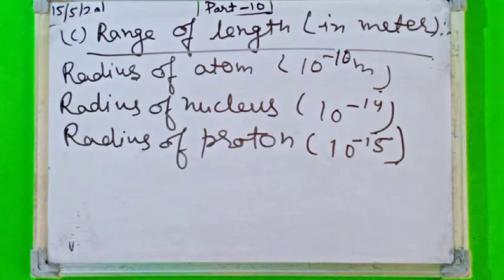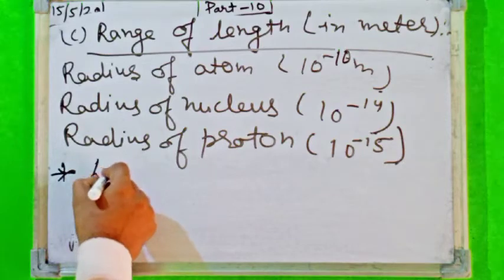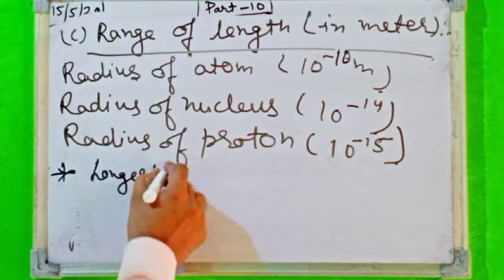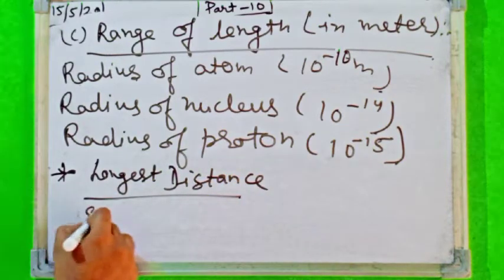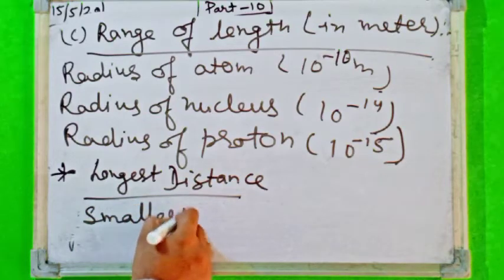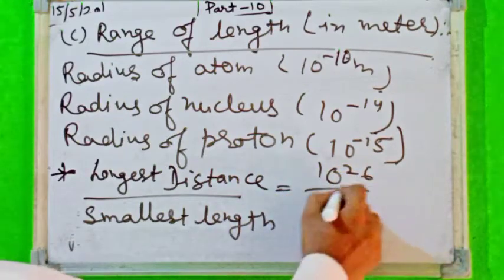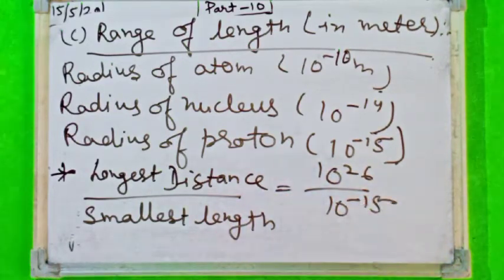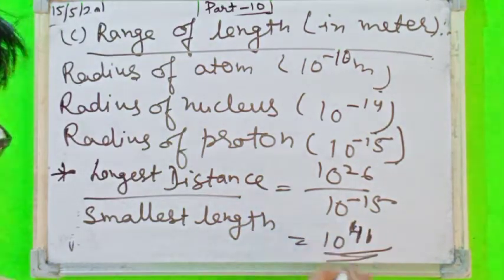All various things are there, but we have discussed from very large values, that is 10 to the power 26 meter, to 10 to the power minus 50. So if we take the ratio of the longest distance upon the smallest length, then we get 10 to the power 26 upon 10 to the power minus 50, and it is equal to 10 to the power 41.